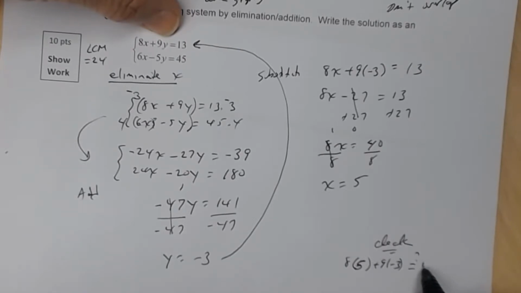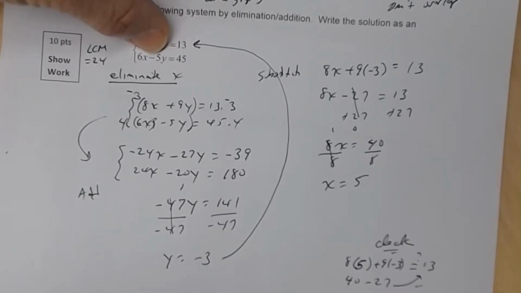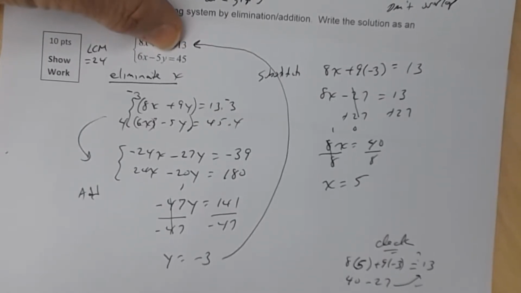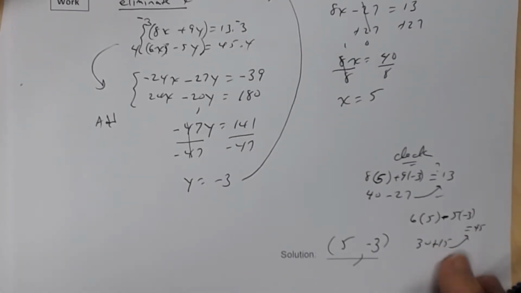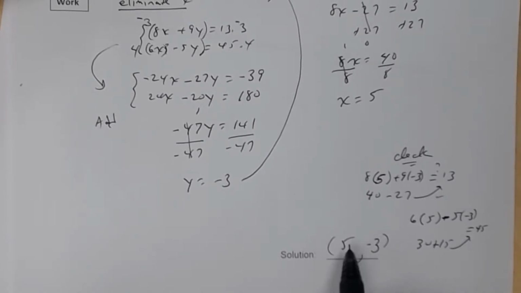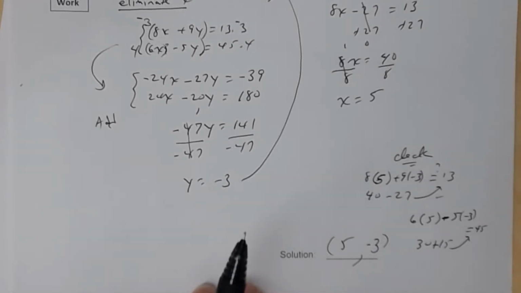I want to see if that's equal to 13. So 8 times 5 is 40, minus 27, and yes, that is equal to 13. And if I do the next one, 6 times 5 minus 5 times -3, I want to see if that's going to equal 45. Well, that's 30. A -5 times a -3 is a positive 15, and yes, that is equal to 45. All right, so 5, -3 is a solution.